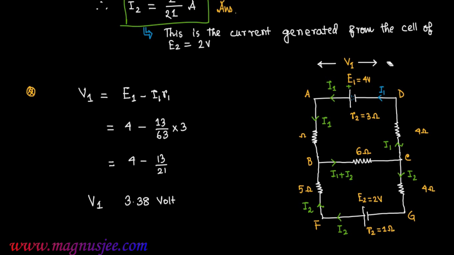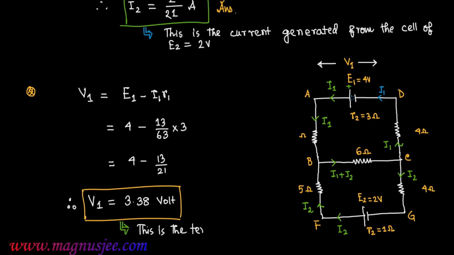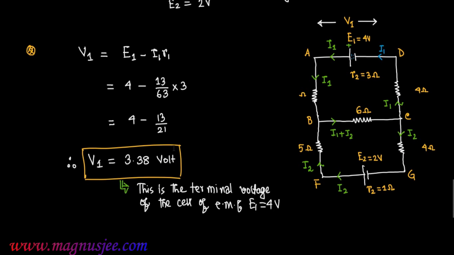Therefore V1 will be equal to 3.38 volt. This is the terminal voltage of the electric cell of EMF E1 equal to 4 volt.